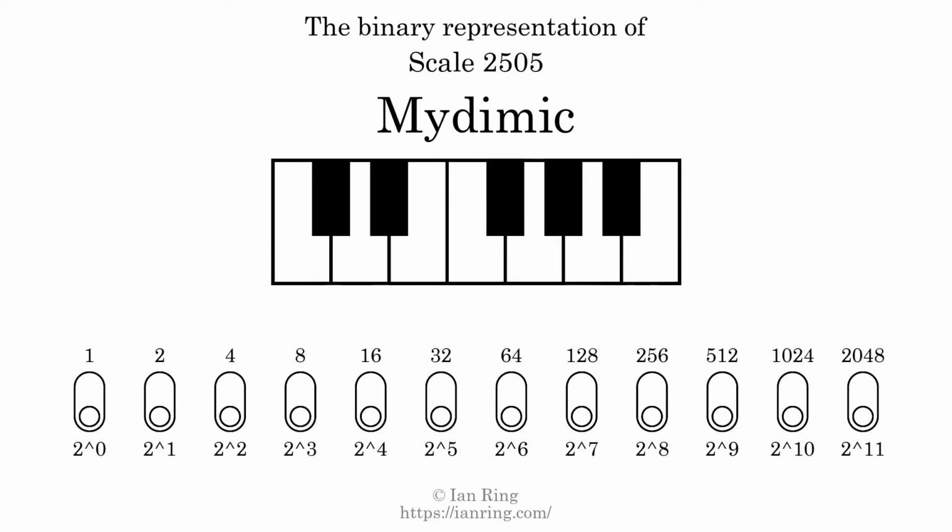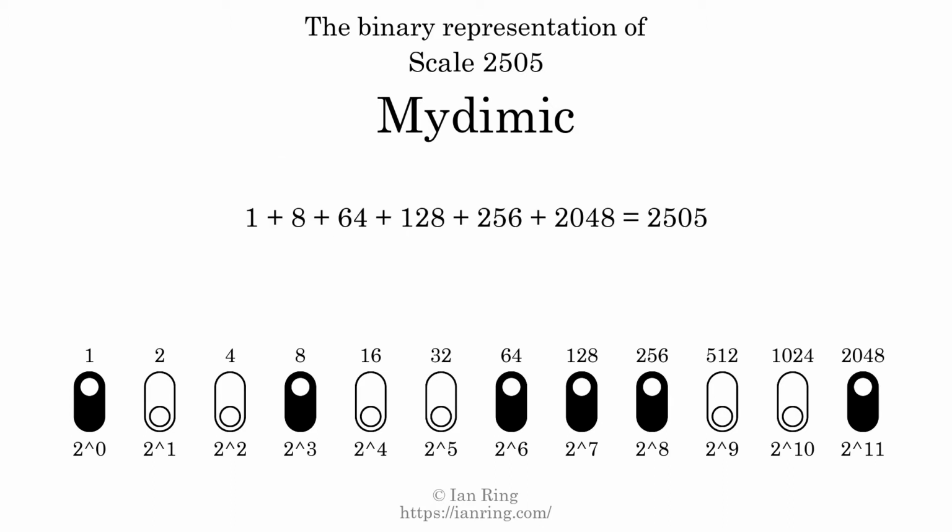The binary representation of this scale is determined by mapping tones of the scale to binary digits. Each binary digit represents a power of 2. To get the scale number, we add the powers of 2 together. The powers of 2 that are present in the scale, all added together, equals 2505.